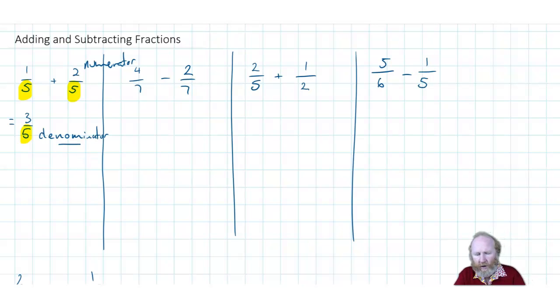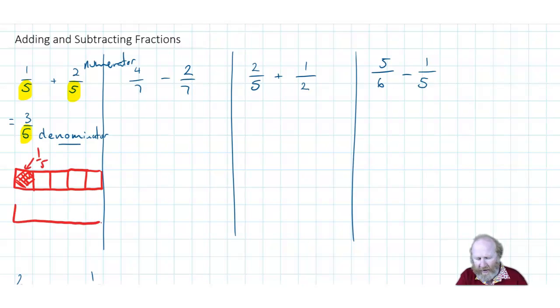So when we look at this thing and add it up, what we have is fractions of a whole. If I have fifths, then what I have is 1/5, just like that. And then I have another whole where I am adding in 2/5.